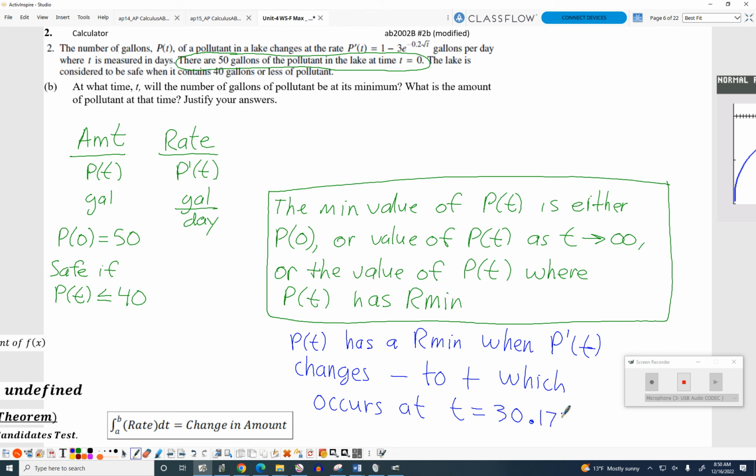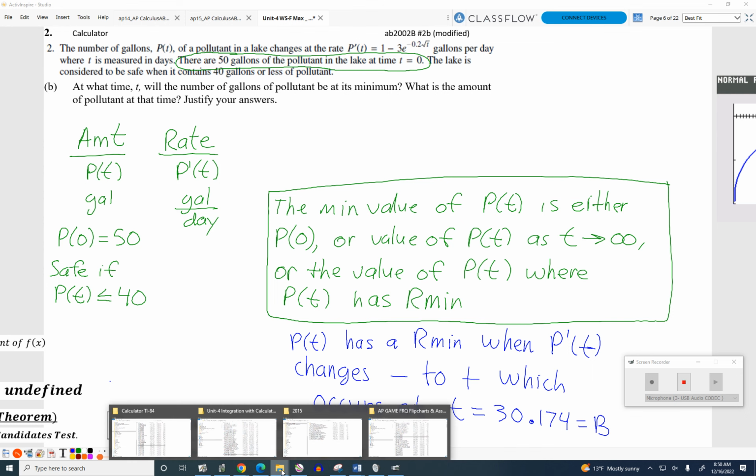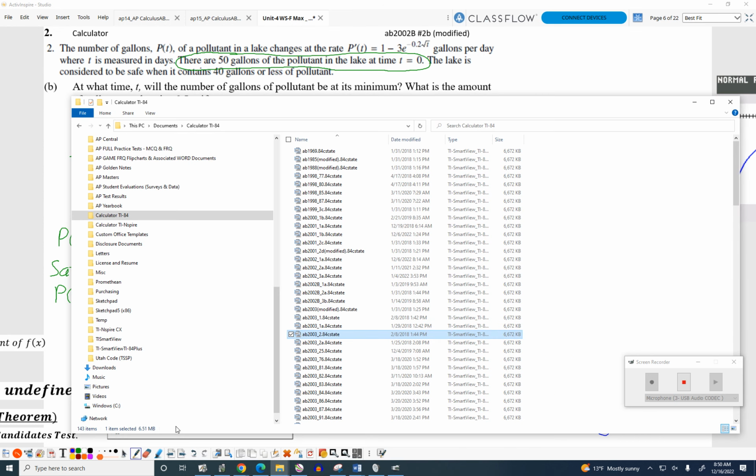And make sure we store that value like that. Questions? Please, Charity. Do we find that point with a graph? Yeah, so what I would do is I would put in my calculator the formula for P prime.